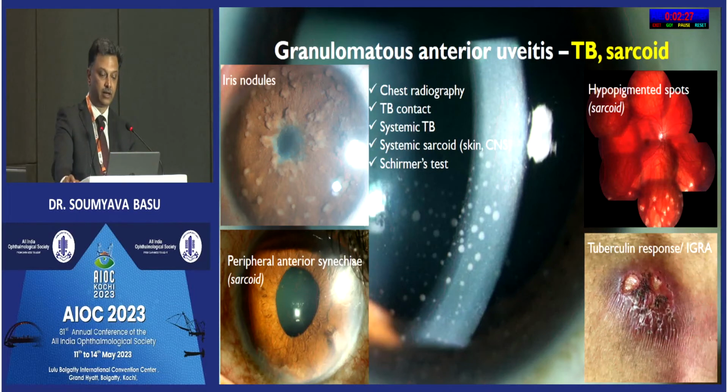And finally, Dr. Kalpana is sitting here, so getting a Schirmer test might be useful because dry eye is a characteristic of sarcoid, while the absence of a dry eye would suggest tuberculosis in case your diagnosis is in doubt. So this is the first category of granulomatous anterior uveitis.